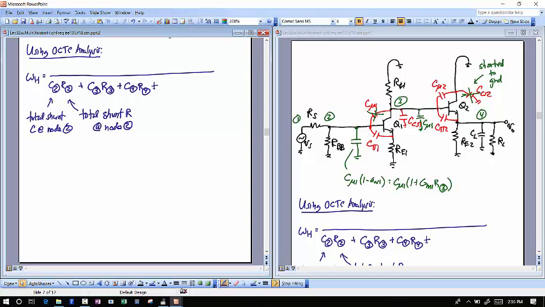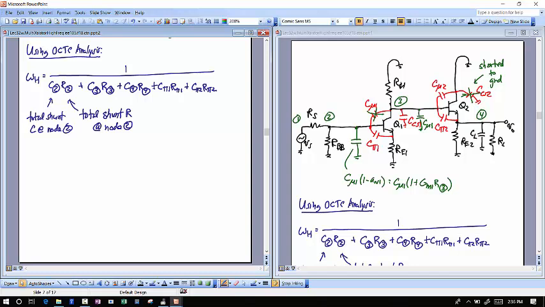Then I'm going to take those capacitors that I don't know what to do with yet, C pi 1, and multiply it by its R pi 1, which is its driving point resistance associated with that capacitor. I don't know what that is yet because I have to derive that. Then I'm going to have another one, C pi 2 times an R pi 2. And that's 1 over all of that, and that then is going to be my total omega H.